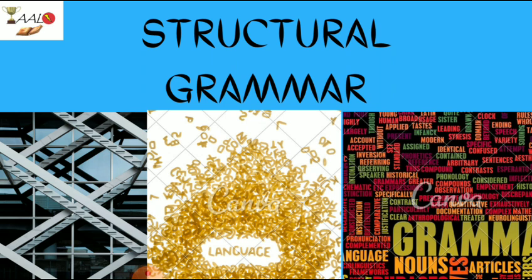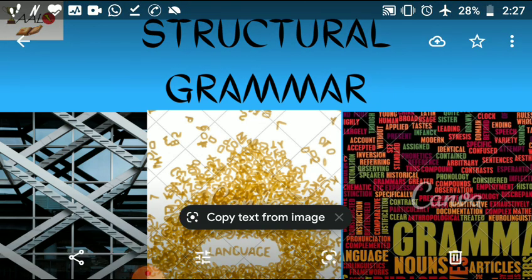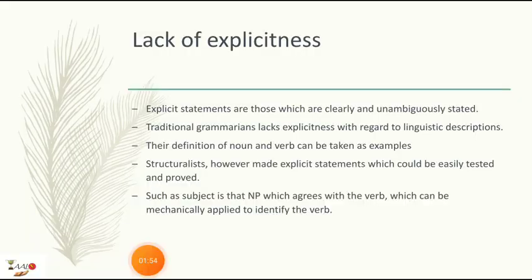Structural grammar was in fact a reaction against the notional grammar of the traditional kind, with its vagueness of notion and inexplicitness in the criteria of definition. Like the lack of explicitness, remember?